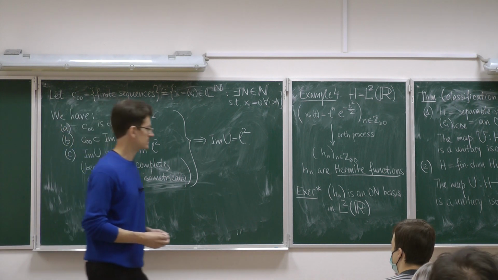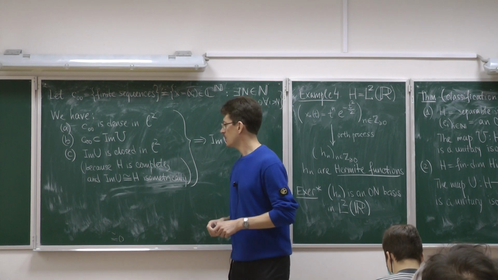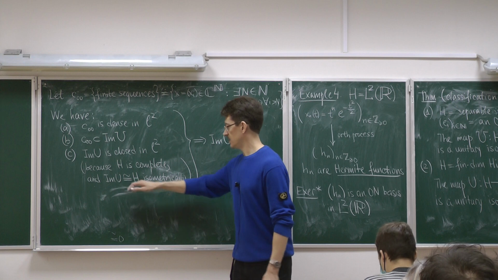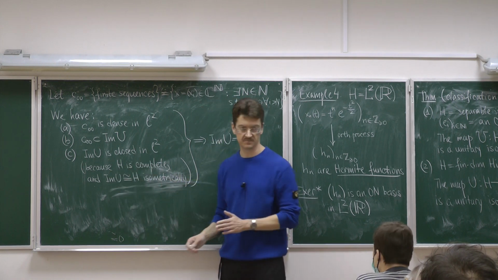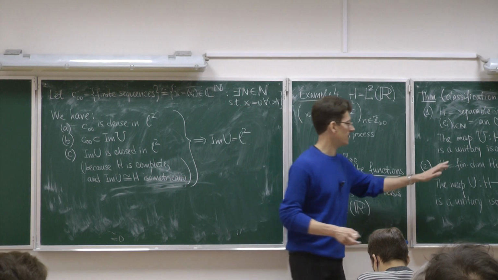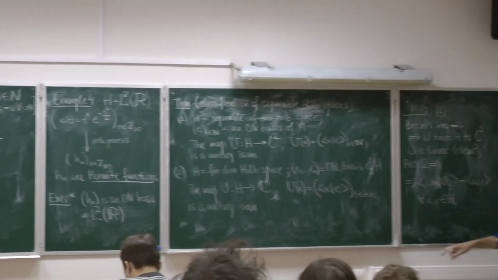Why is the image of U closed? Well, H is complete by assumption. We know that U preserves the inner product. Since it preserves the inner product, it is an isometry.